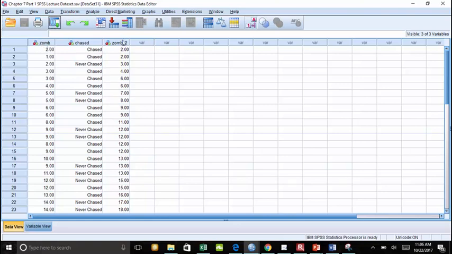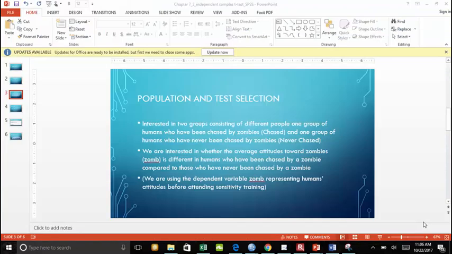Okay, and we're ignoring the second column. This was the column for time 2 after participants had their sensitivity training, but we're not doing that. We're just looking at their initial feelings about zombies and if that's related to whether they've been chased by a zombie before or never chased by a zombie before. I'm going to take a wild guess and say, yep, that would affect my opinion on a zombie.